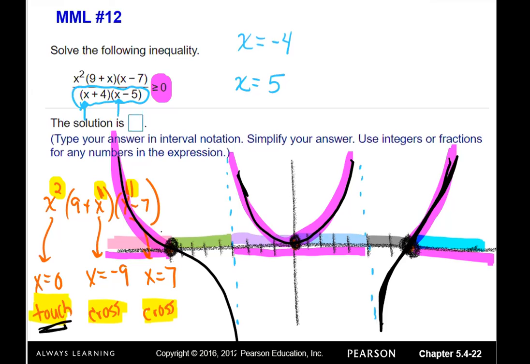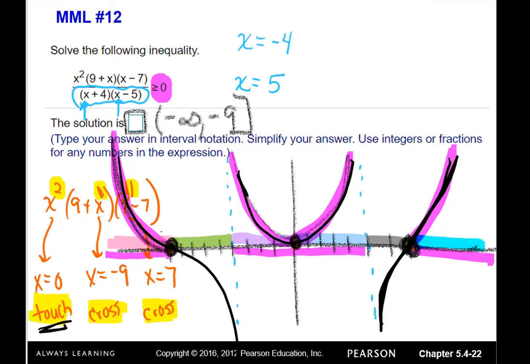So my answer that's going to go in this box right here is going to be, the first pink interval goes from -infinity up to the -9 and includes it. That was this right here.